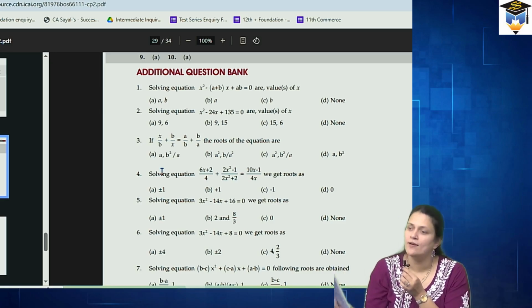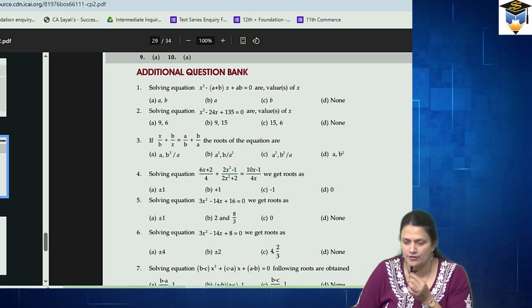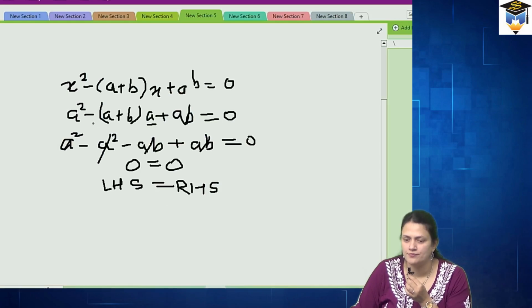So a square minus (a plus b) into a plus ab is equal to 0. See, I have done it like this over here. Understood? So now go to the next one.